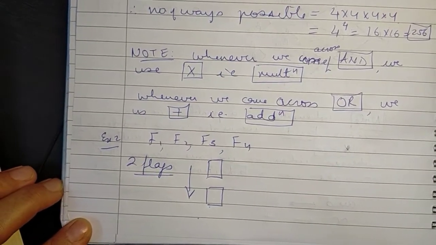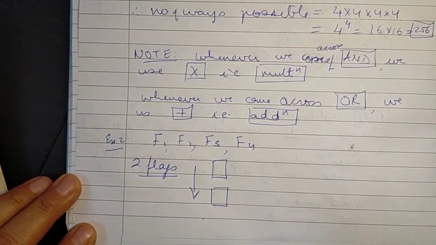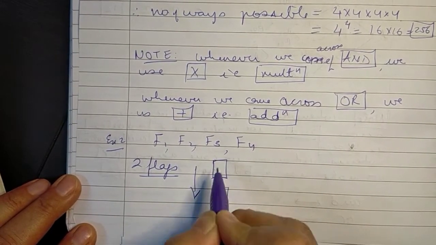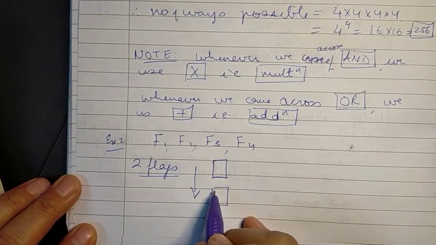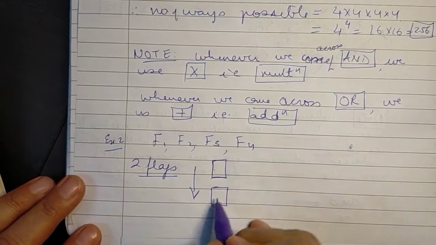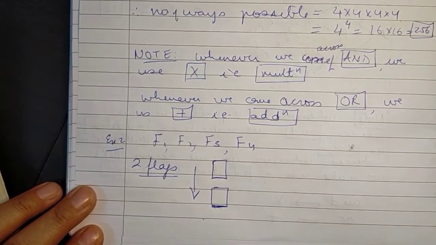Now very obviously here you have to read between the lines. It is not clearly given whether it is with repetition or without repetition. That is, it is not clearly mentioned whether repetition is allowed or not. So what we do is, we read the question again.